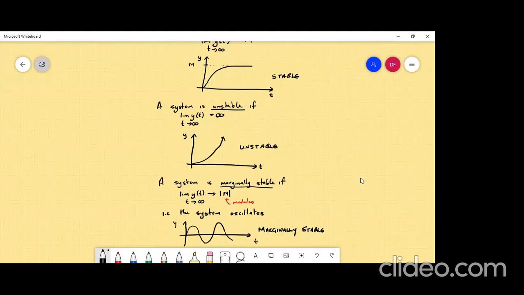No, that's the horizontal axis. But theoretically, it can be, because it still is marginally stable if it oscillates around a point M as well.